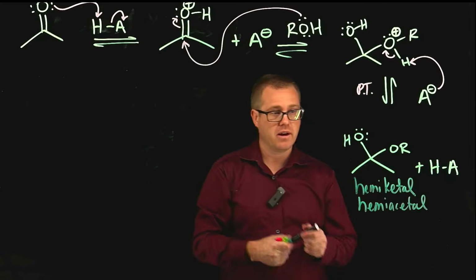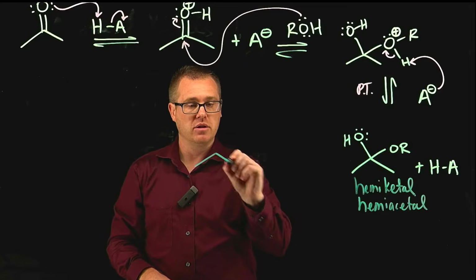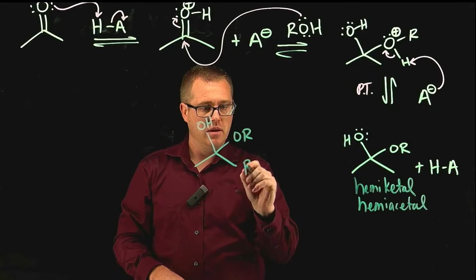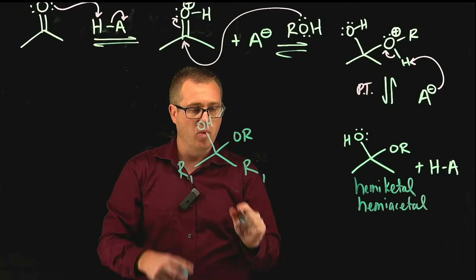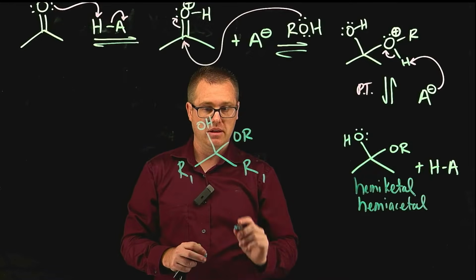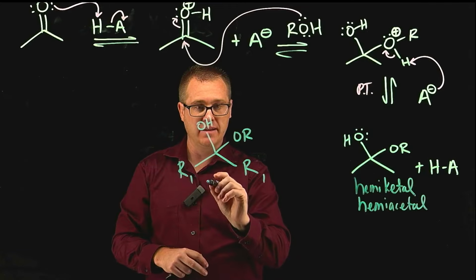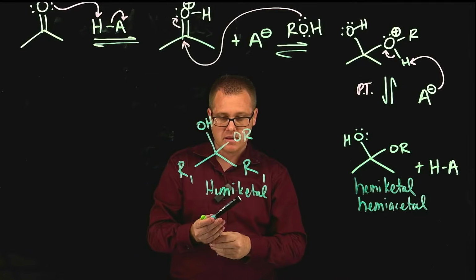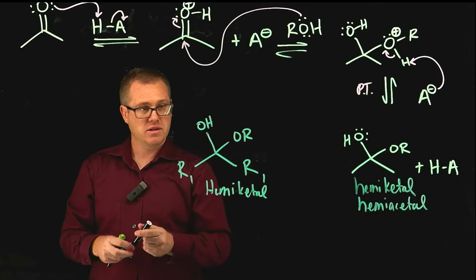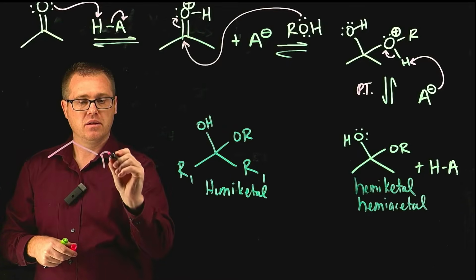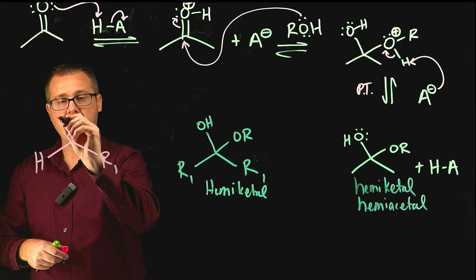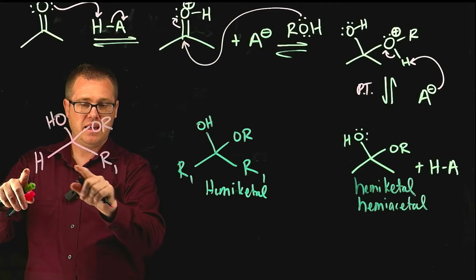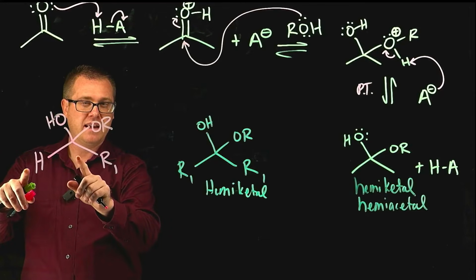So the generic form for a hemiketal would look like this. OH, OR, R, and R. And these R groups have to be alkyl. So if those are alkyl, then that is a hemiketal. If one of those R's is not alkyl, and it is a hydrogen, now if this is one of our intermediates, where did that come from?